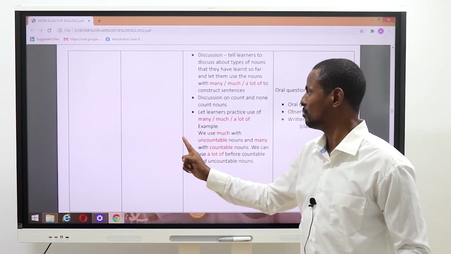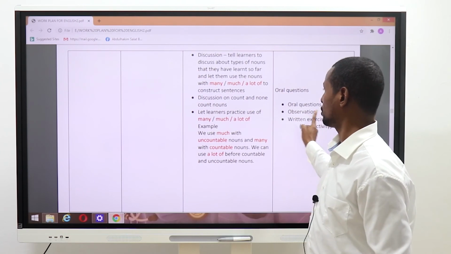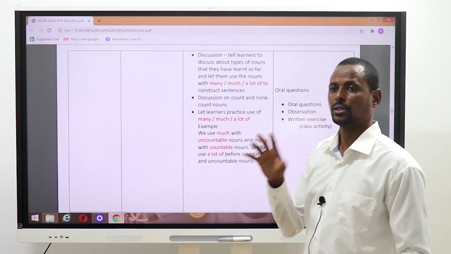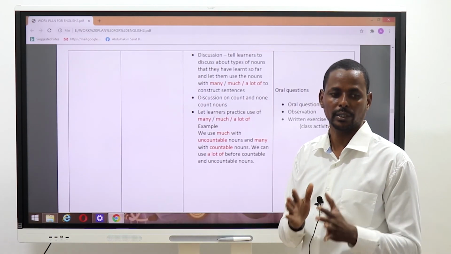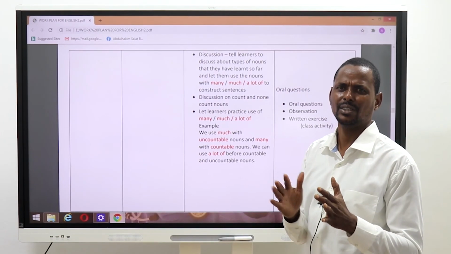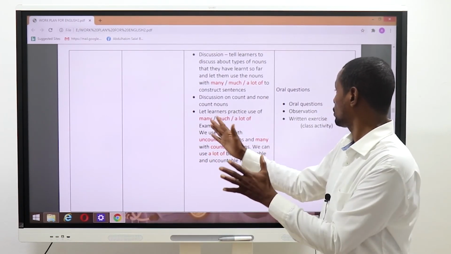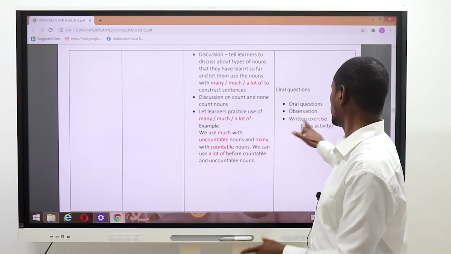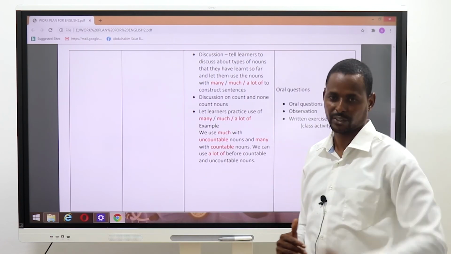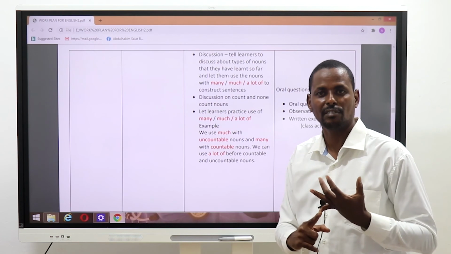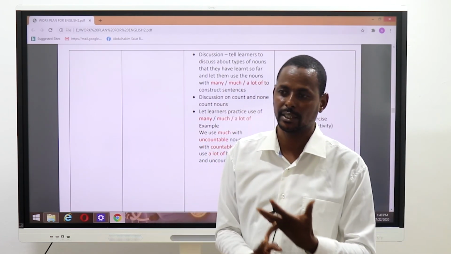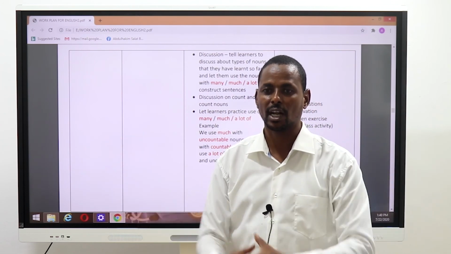Always the objective and the assessment methodology, these things are two sides of the same coin. They go together. They help you a lot. Written exercise, always we have a written exercise at the last. The students have discussed, they have interacted, they have learned from one another.